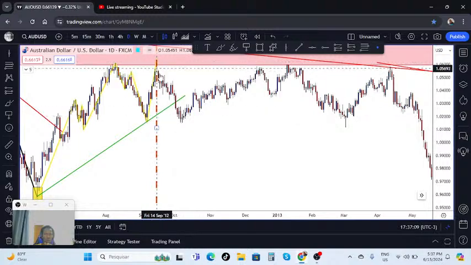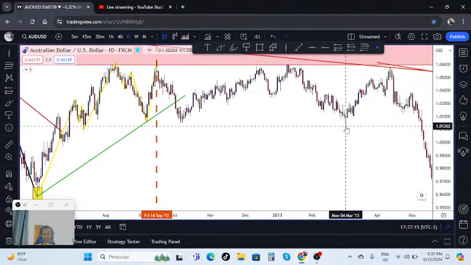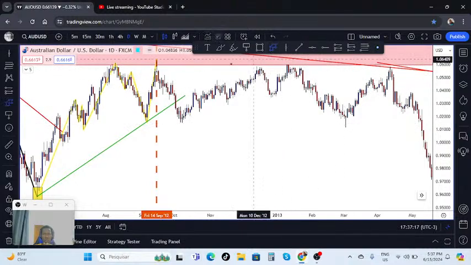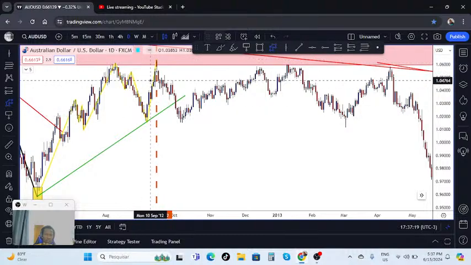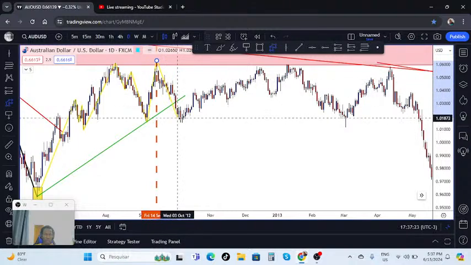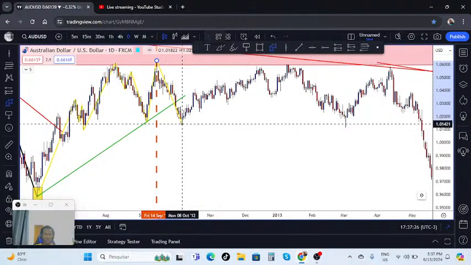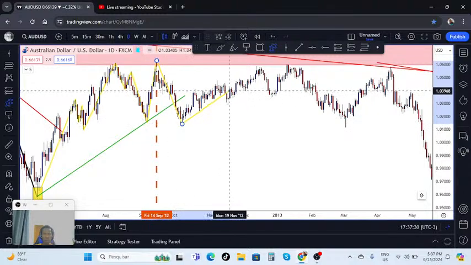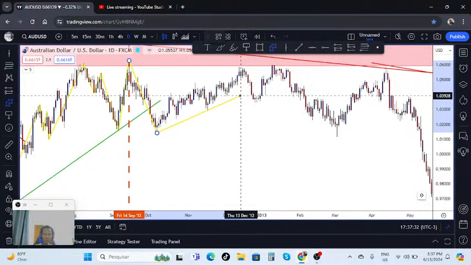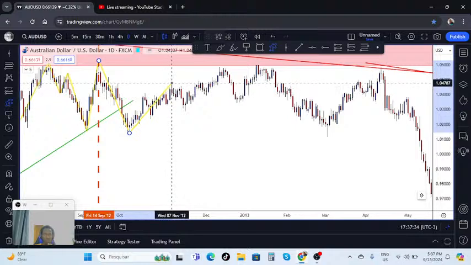This is supposed to be an extension, retracement and extension. Yes, because this is a high extension from the previous up market structure. So this now is an extension, because this low here is lower than this low. So this is going to be a retracement.